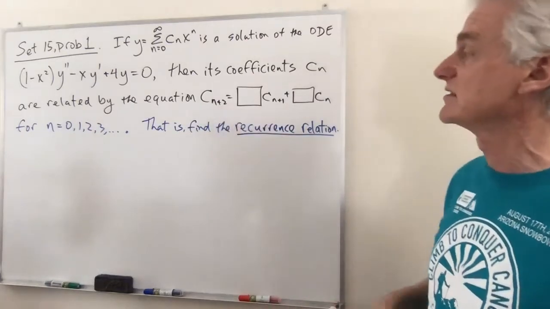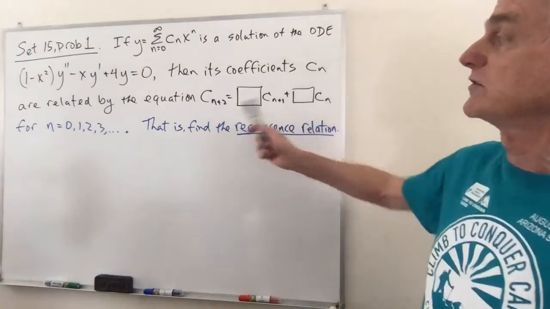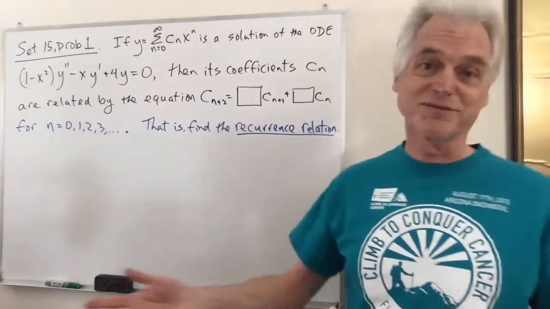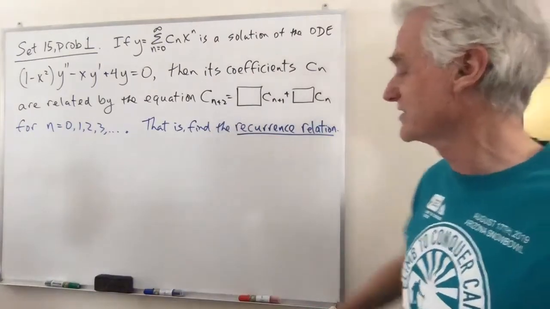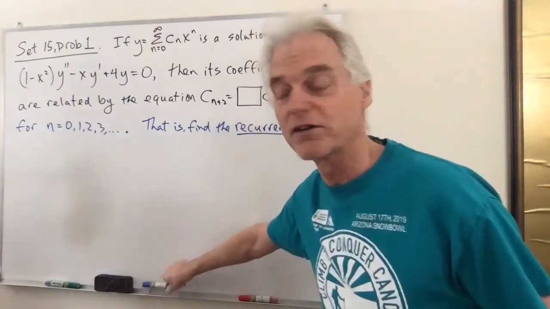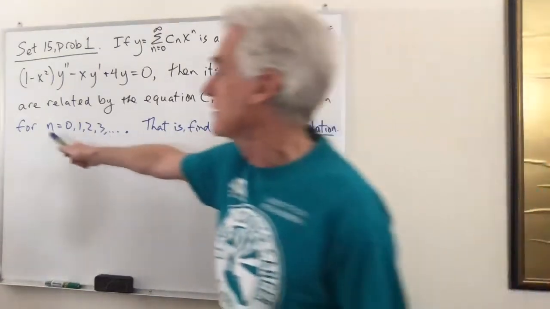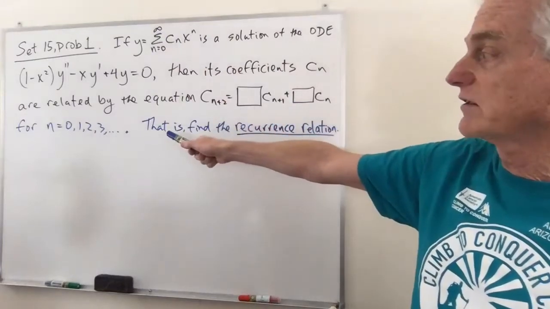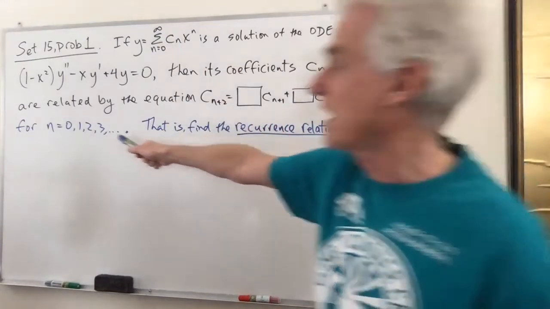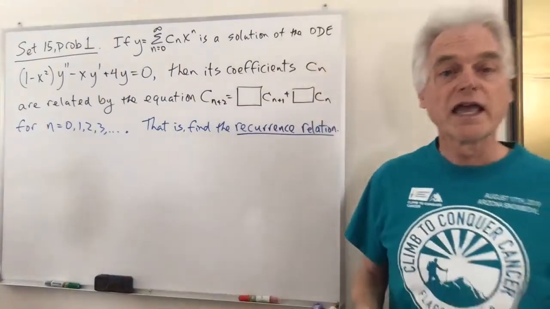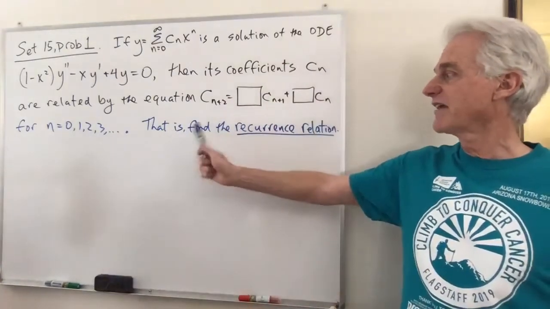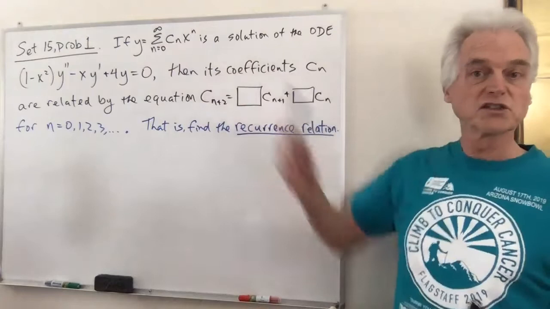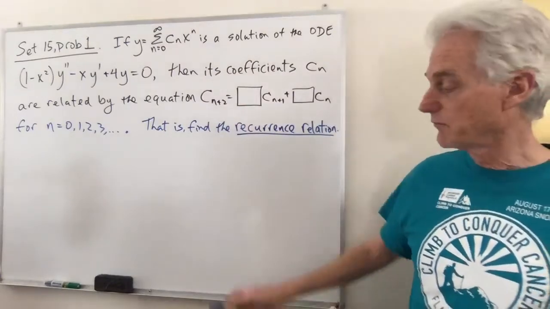And that holds, I added in my blue, this equation holds for n equals 0, 1, 2, 3, etc., all non-negative integers. And another way of saying this is find the recurrence relation of that ODE.